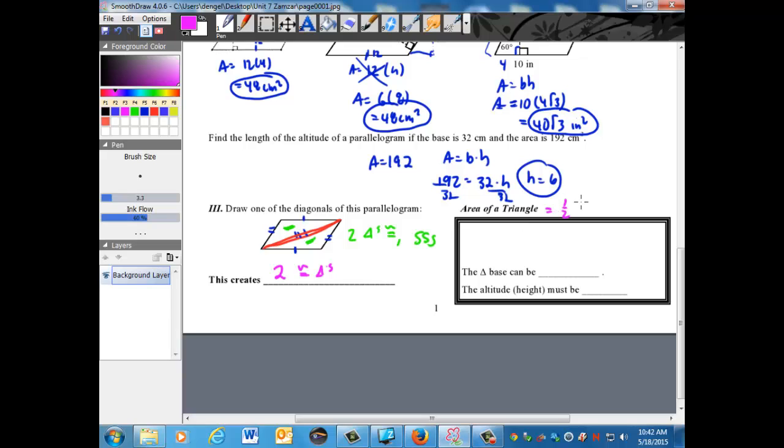So if it's equal to half the area of a parallelogram, and the area of a parallelogram is base times height, then it's no shock that the area of a triangle is going to be 1/2 base times height. The base can be any side. The altitude must be perpendicular to that side. So the same rules apply with a triangle as they do to a parallelogram, except it's going to be 1/2.